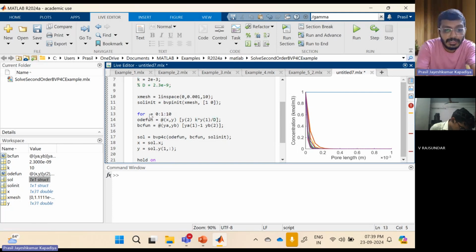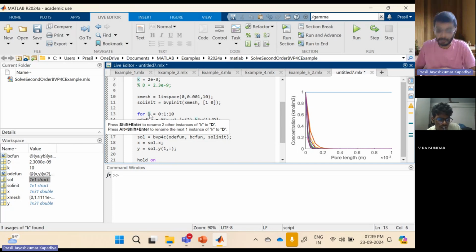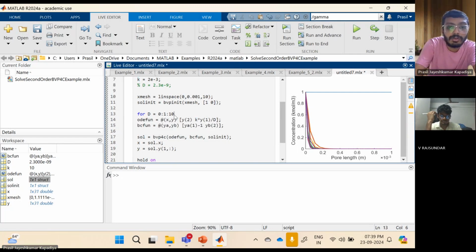I don't know how many variations we will be able to do for diffusivity, but let's do 2 into 10 raised to minus 9 to 5 into 10 raised to minus 9, increasing in steps of 0.5 into 10 raised to minus 9.